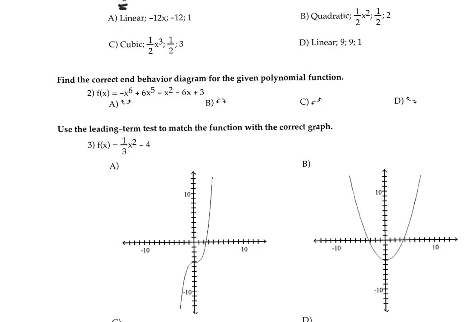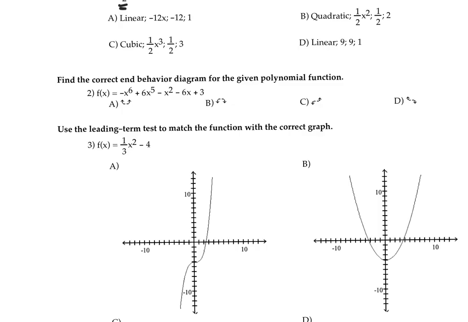And so think about if I had a quadratic equation. If I put a negative in front of a quadratic equation, what's going to happen to my graph? It's going to flip upside down, right? So it's going to be down, down. It doesn't matter if it's 2, 4, 6, any even number, they're all going to look the same, or at least have the same end behavior.